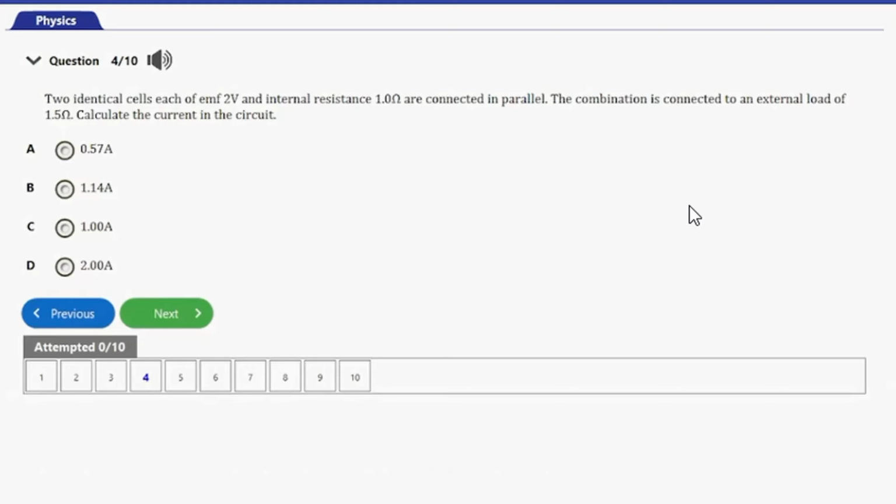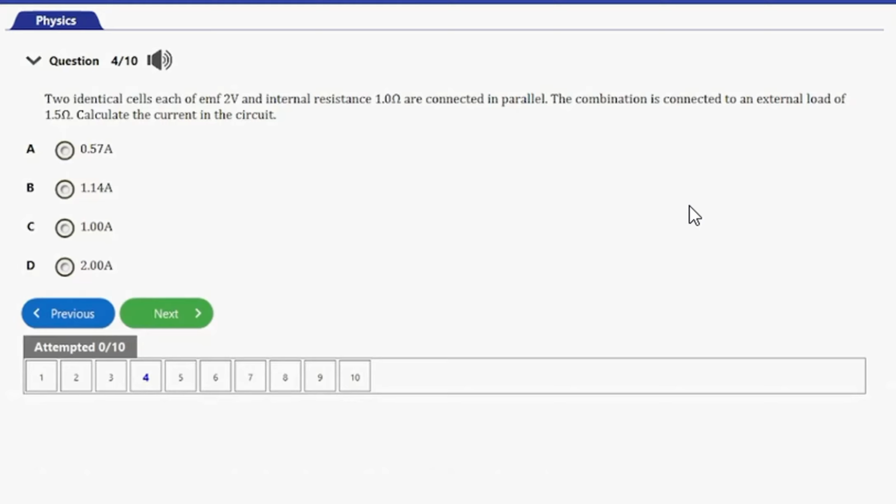So guys, since we have this connection in parallel, the effective EMF of this connection will still be 2 volts, and then the external resistance here is already given to be 1.5.